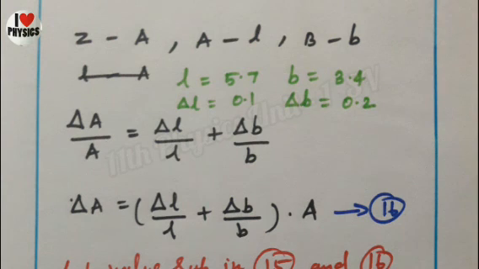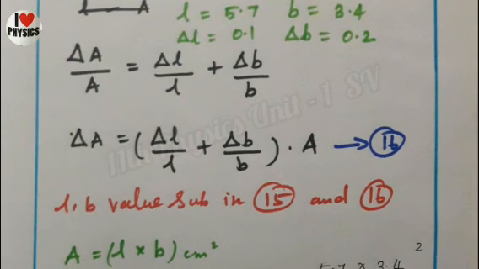Substitute these values in the above equation. We get the formula del A divided by A equals del L divided by L plus del B divided by B. So del A equals (del L divided by L plus del B divided by B) into A. This is equation number 16. Known values L and B are substituted in 15 and 16. First, find out the total area A. So A equals L into B.